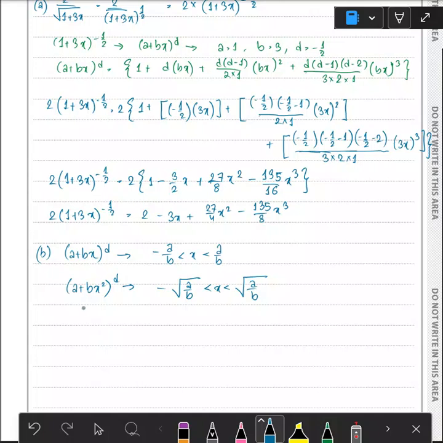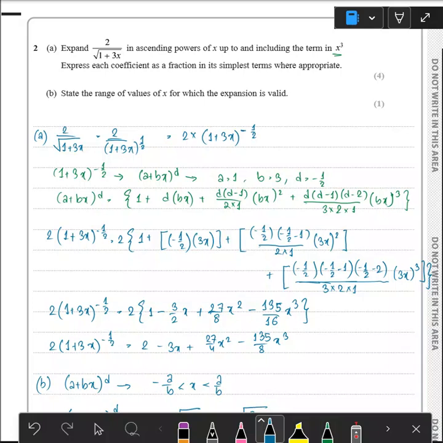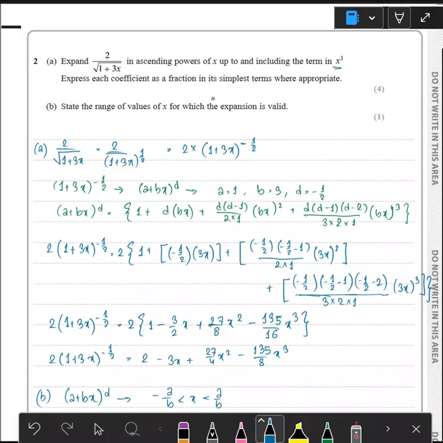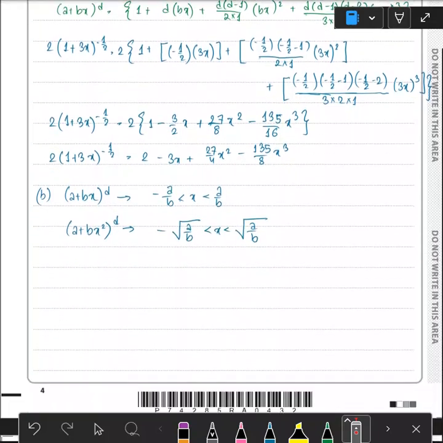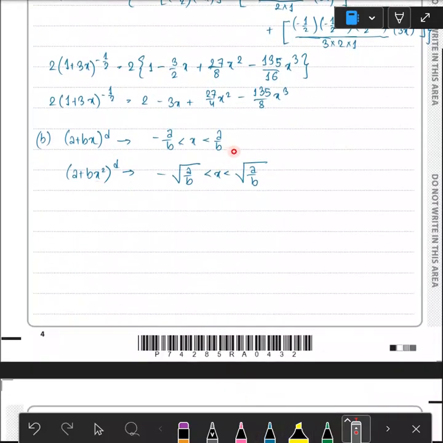Now if we look at our expression, it is given as 1 plus 3x to the power negative half. So for this expression we will be using this. We don't need to include the 2 because it is just a constant here.